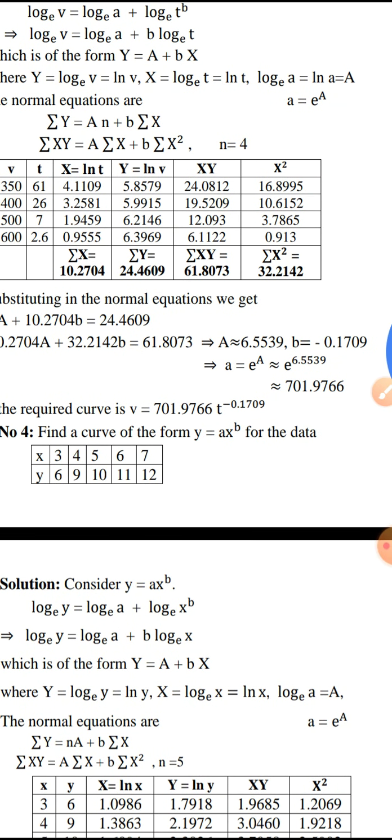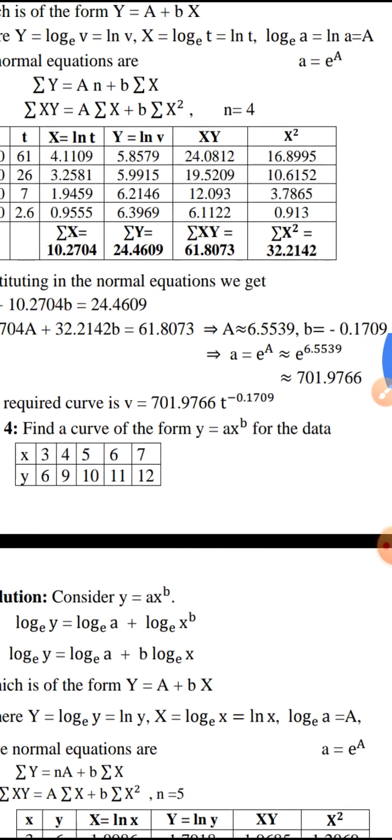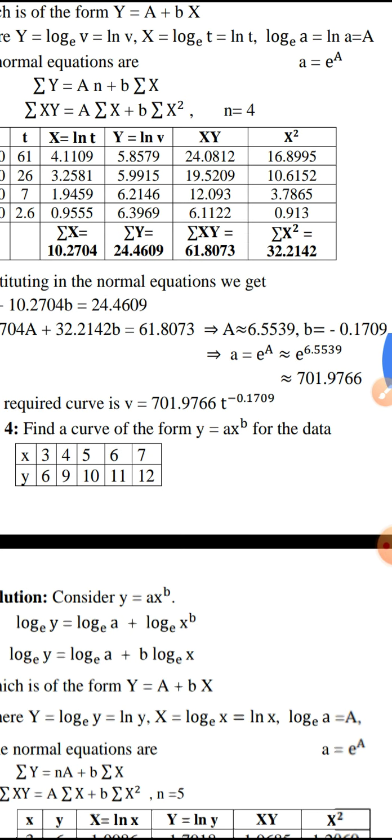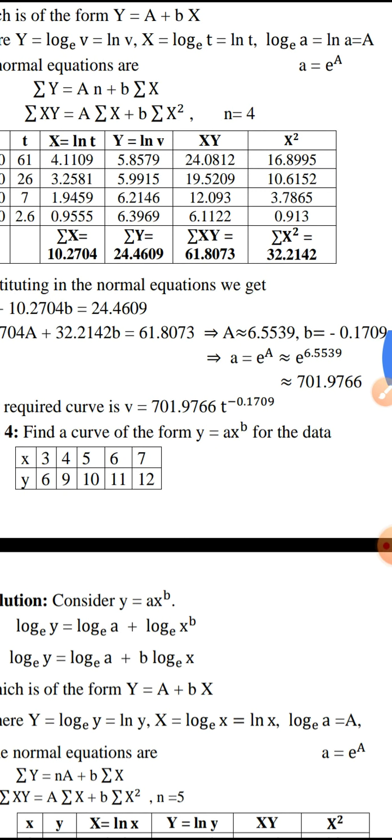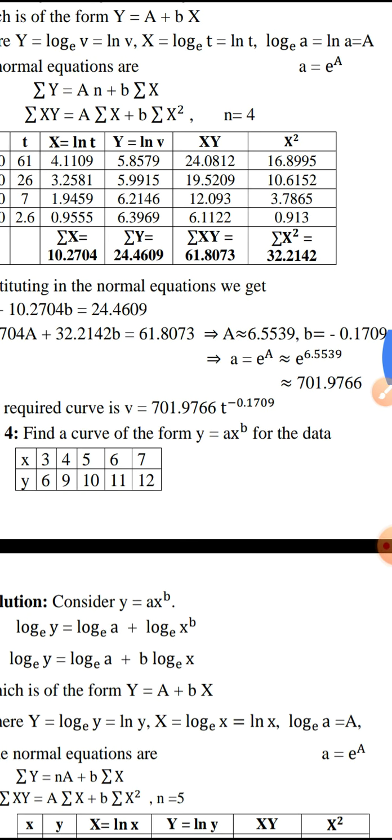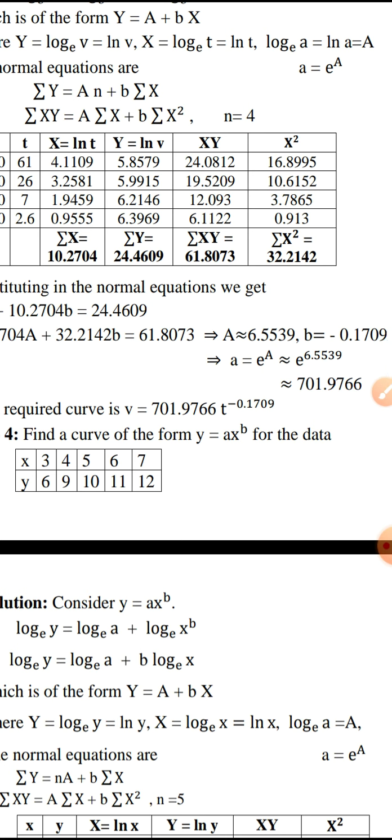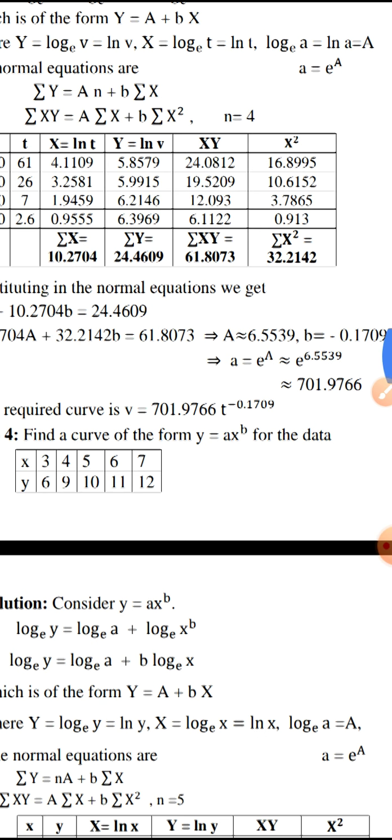Solving these two equations, you get the first unknown capital letter A as equal to 6.5539, second unknown small letter b as equal to 0.1709. Capital letter A is calculated, means small letter a will be e power capital letter A, which will be 701.9766.